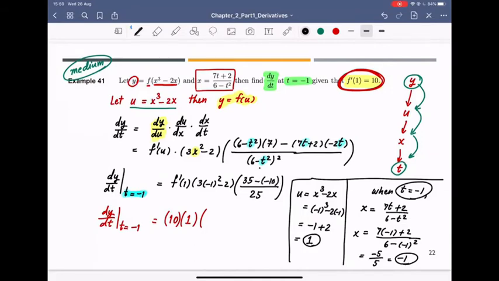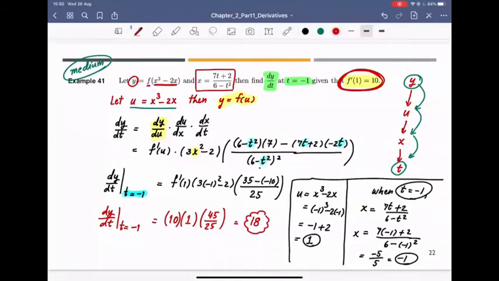So that means you're going to have 45 over 25. After you compute everything and cancel everything, you end up with 18. So this is your answer, 18.